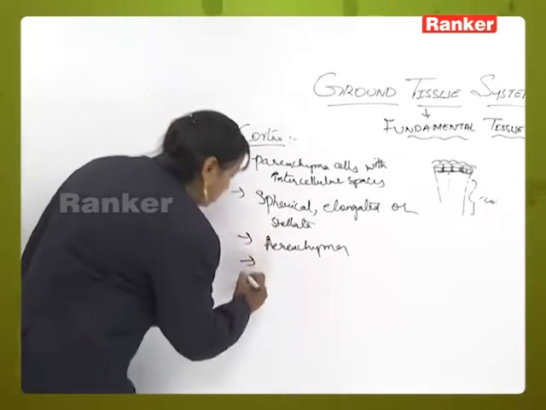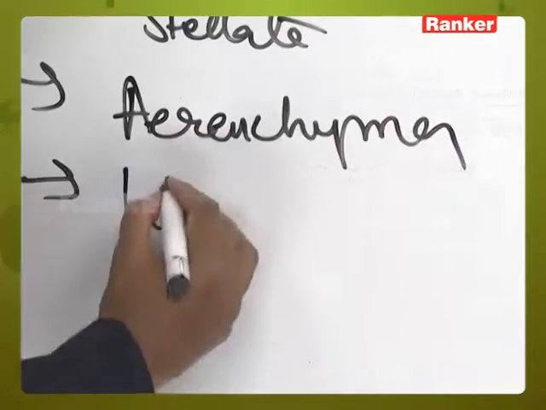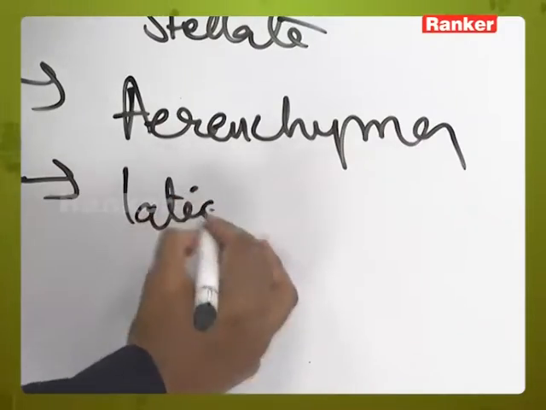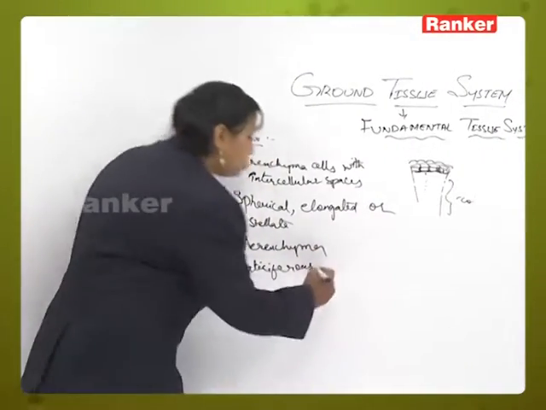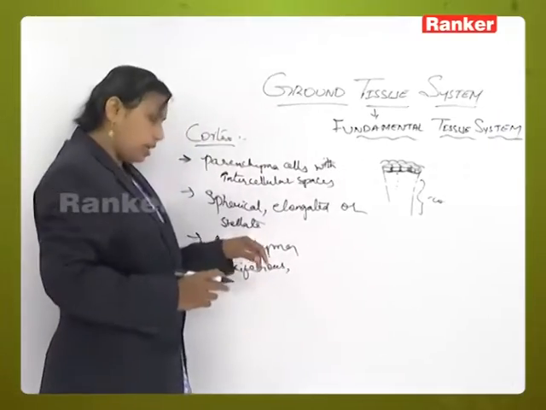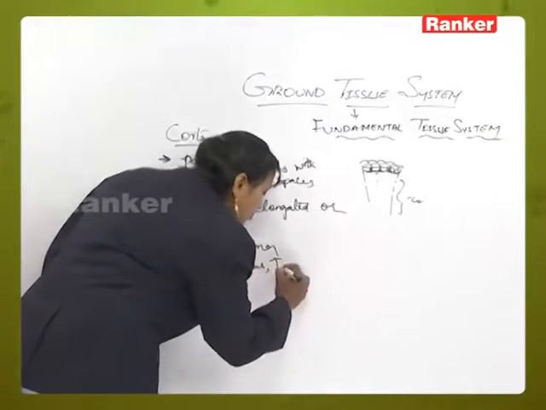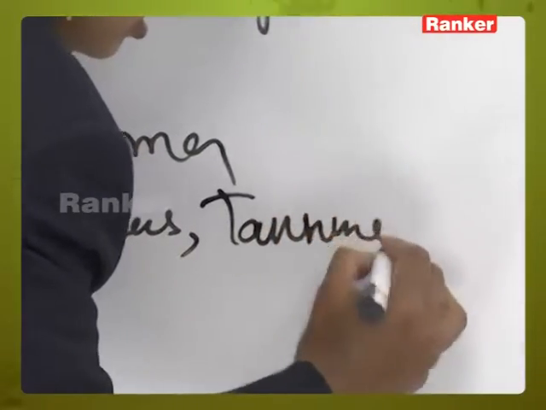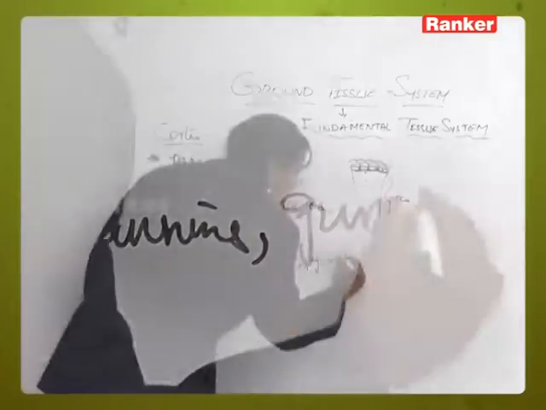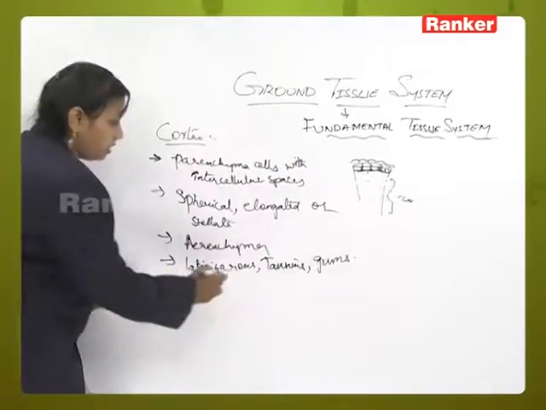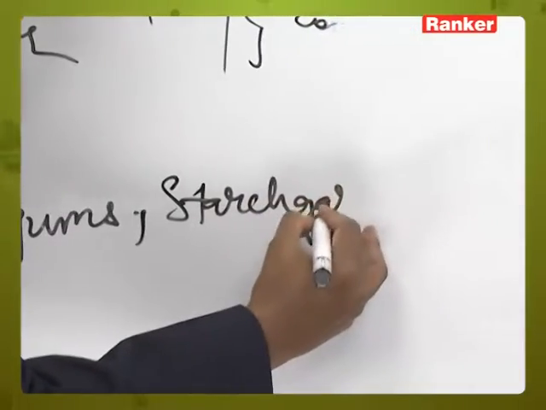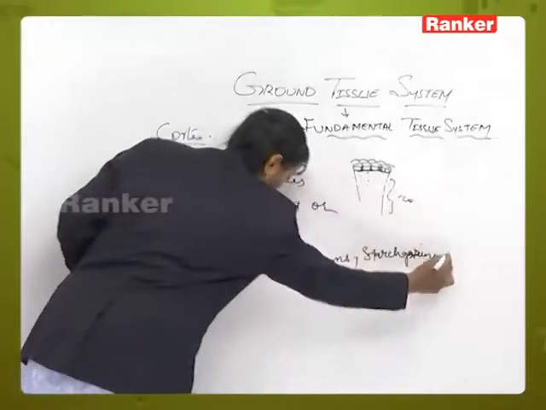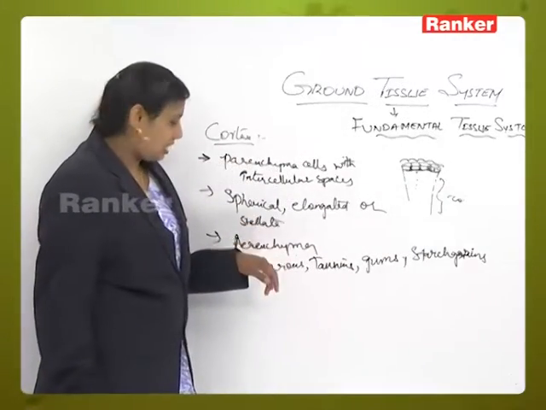Okay, next, what are the functions? In addition to parenchyma, we have laticiferous tissues, tannins, gums, and starch grains. In cortex, parenchyma cells are in abundance.